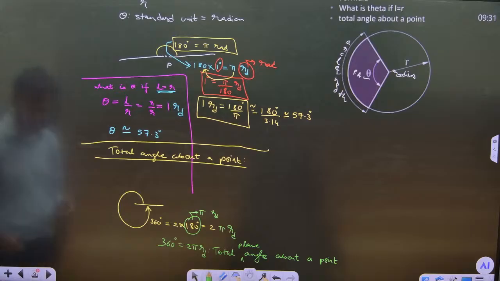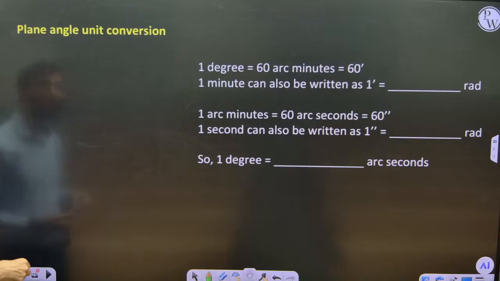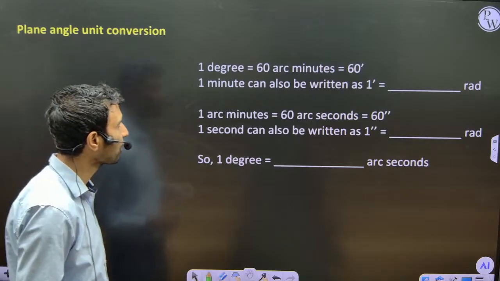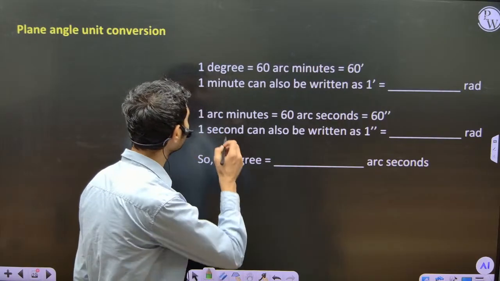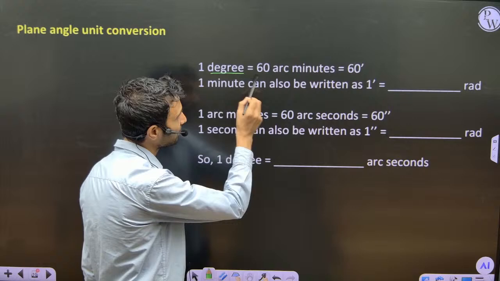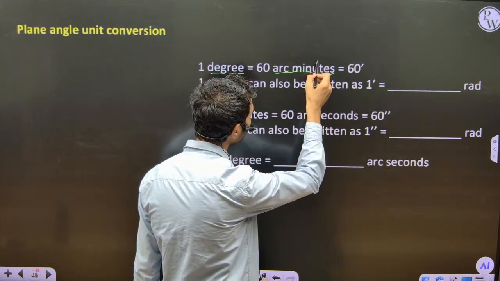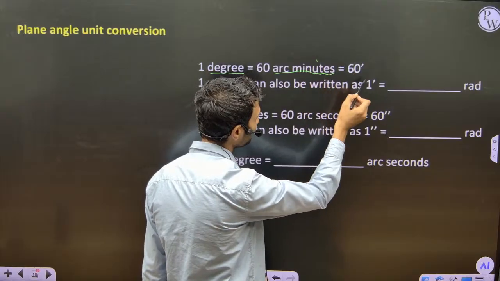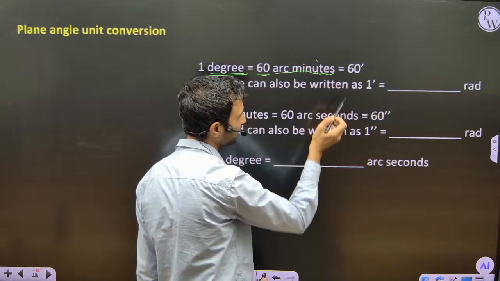Right, so let's go ahead. Now, plane angle unit conversion. You have already studied degrees. Now there's something called arc minute also, and arc minute is represented by a dash. So 1 degree is equal to 60 arc minutes.